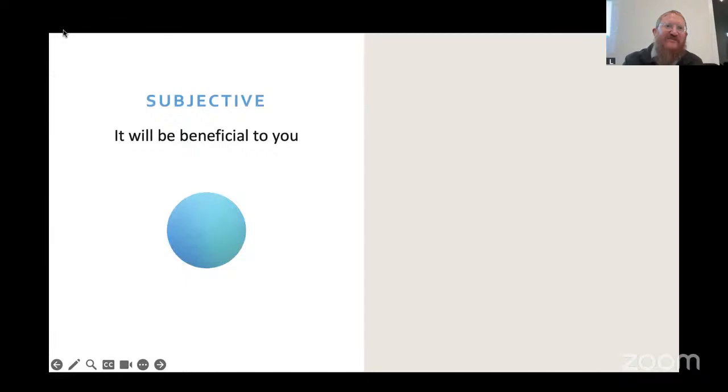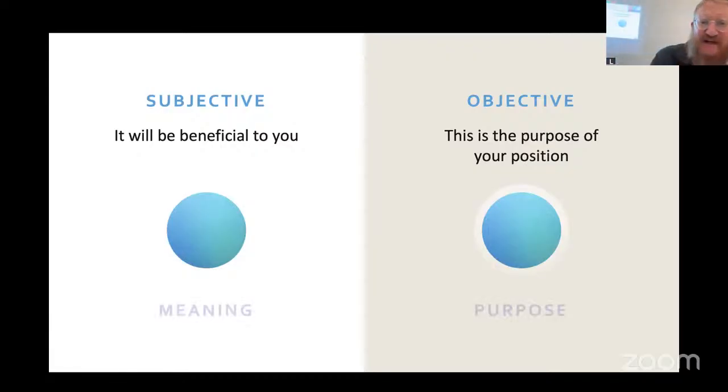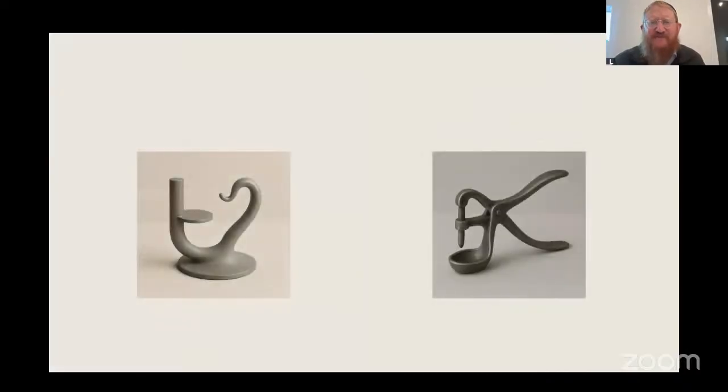So looking at the screen for a second, if we're subjective, well, then it's just beneficial to you, maybe, but it's not even lasting. It's not even permanent. But if it's objective, then this is the purpose of your position, and the whole world benefits from it as well.